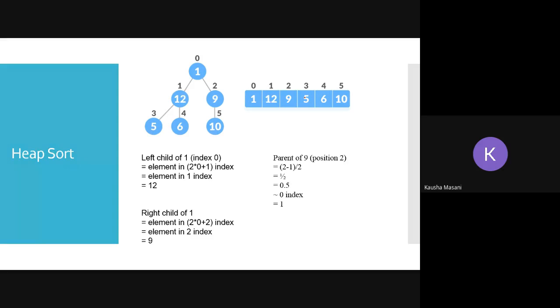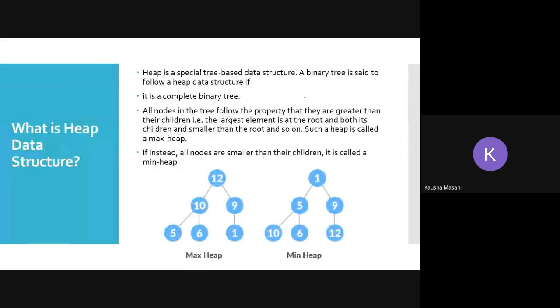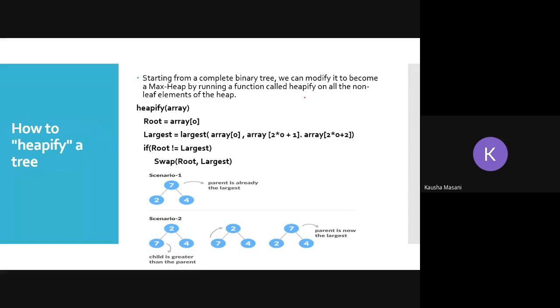Your heap sort is going to work in two stages. That is, you construct your heap and then afterwards you delete whichever is your maximum key. And how we are going to construct, that we are going to see in your next session. That means what is this heap data structure and how to heapify a tree.